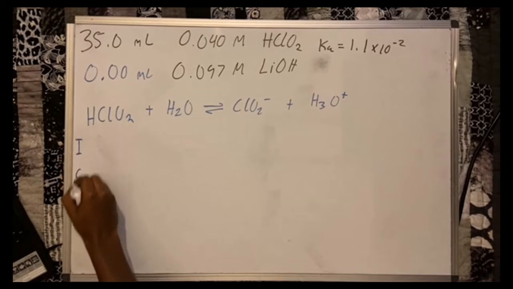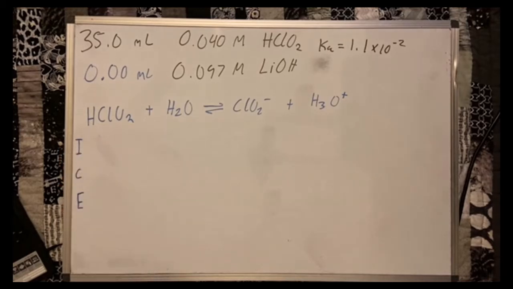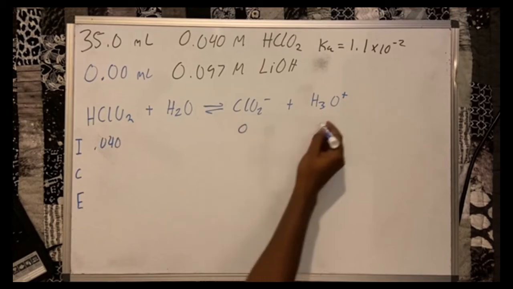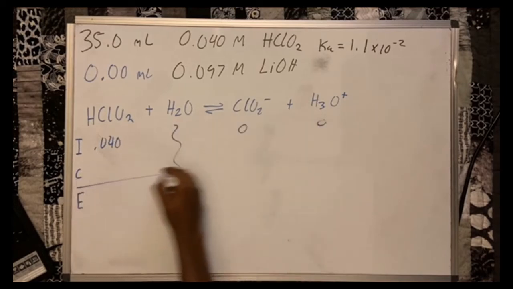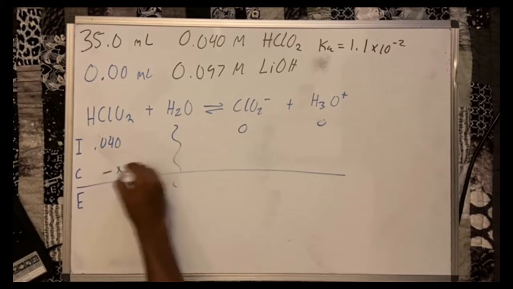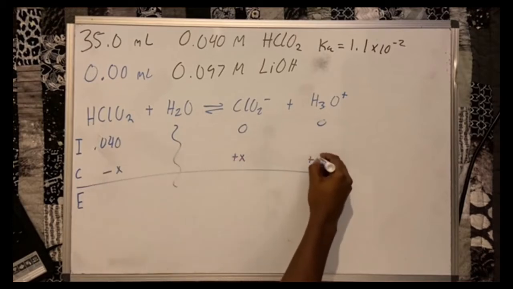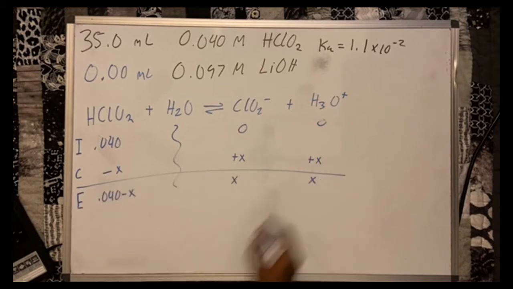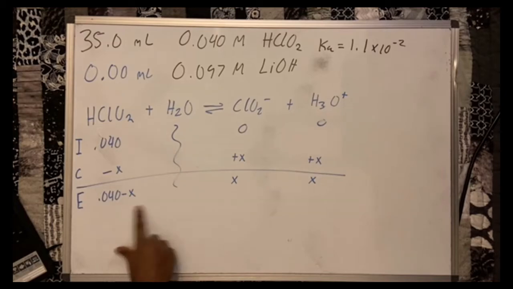Do my ICE table. 0.040 goes there, I get 0 and 0. Minus x, plus x, plus x. And I get 0.040 minus x, x, and x. Now I just set this equal to my Ka and solve that.